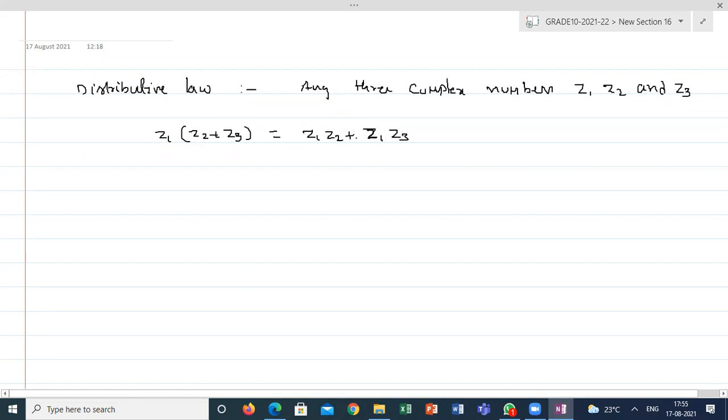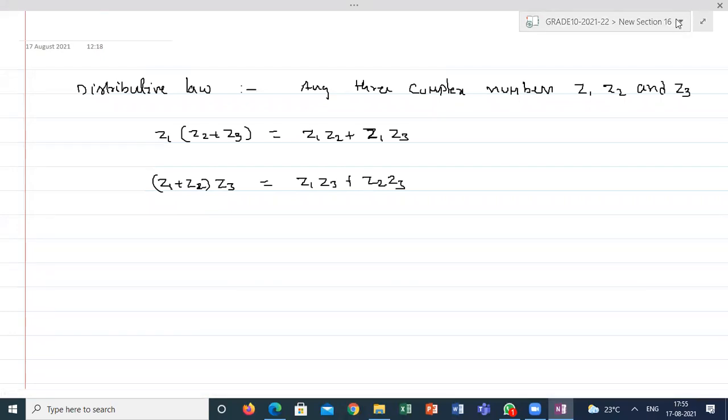This is called the distributive law. Or if I have Z1 plus Z2 multiplied with Z3, I can distribute it as Z1 into Z3 plus Z2 into Z3. This is the multiplication distributive law.